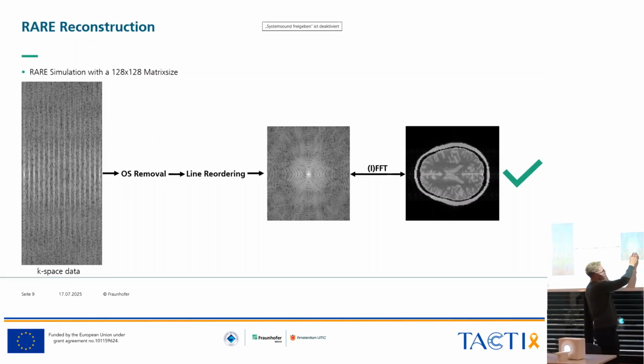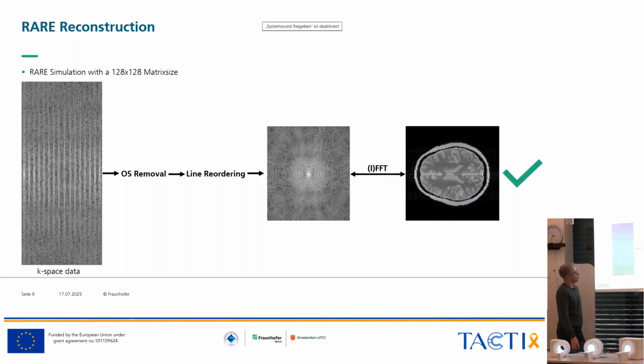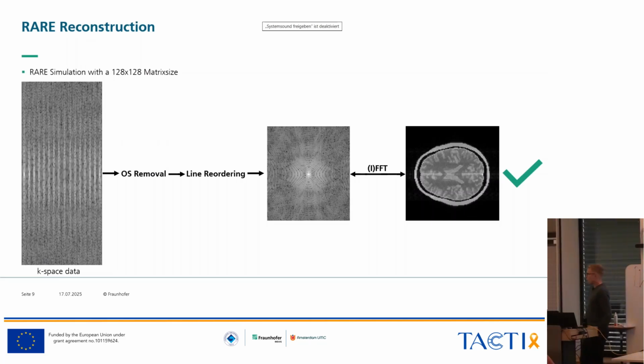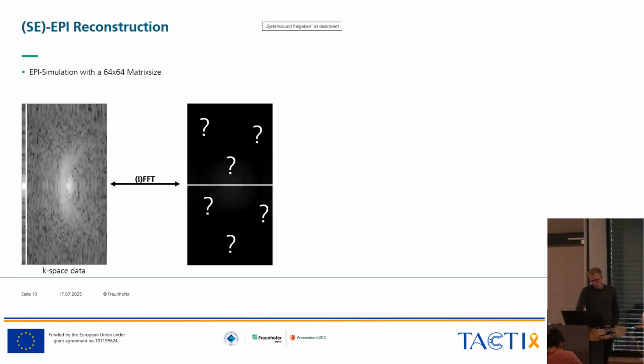And on this k-space data, you can finally apply your Fourier transform to get back that image. But it's not like you can directly use the data from the scanner to do a Fourier transform to get the image back. So this is basically what your MR system would do in case of such a RARE measurement, which is also applied in this scenario with the simulation and this reconstruction server in the background. Yeah.